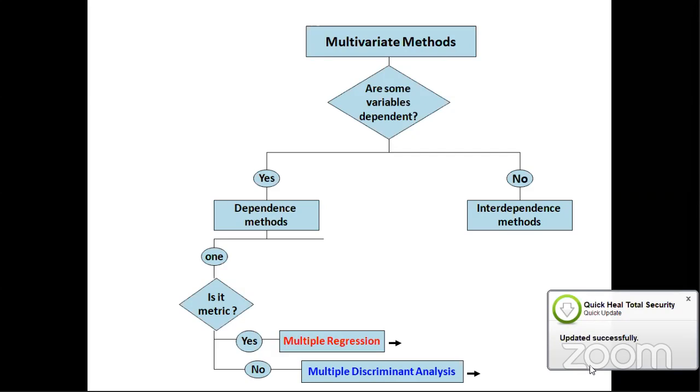The only difference is that in multiple regression analysis we consider the nature of the data to be interval or ratio scale, but in discriminant analysis it should be non-metric, meaning categorical scale. So already you know about the multiple regression analysis.